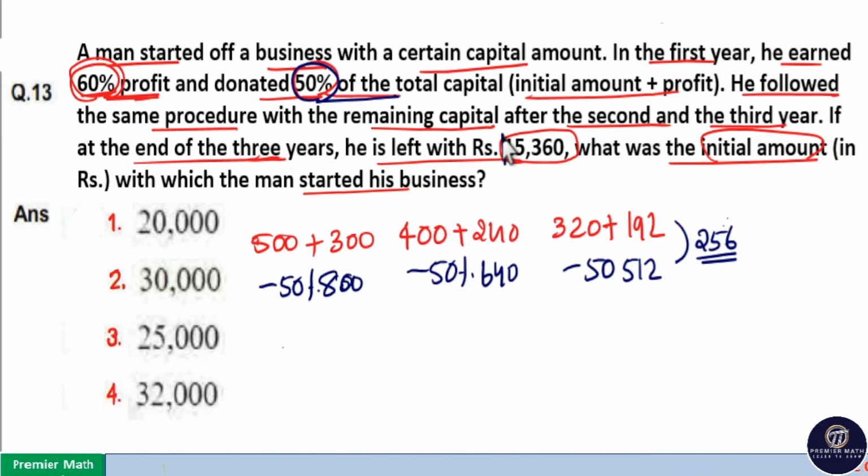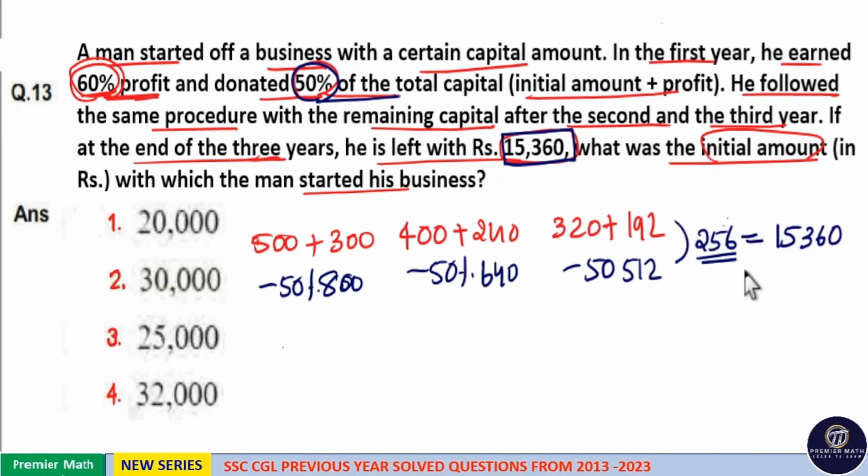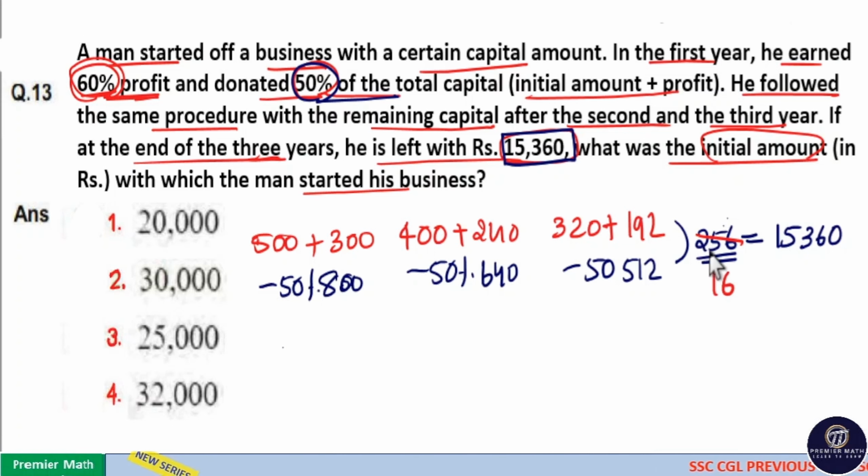Now you can see here at the end of the third year he is left with 15,360, which means this 256 rupees is given in the question as 15,360 rupees. Now if I cancel it with 16, 16 goes 16 times in 256. 16 goes 9 times in 153, so remaining is 16 into 9 is equal to 144.